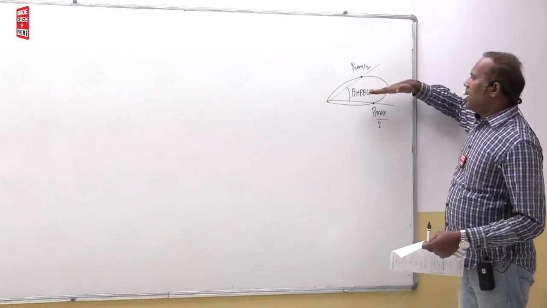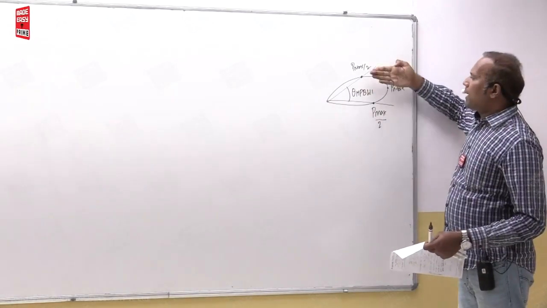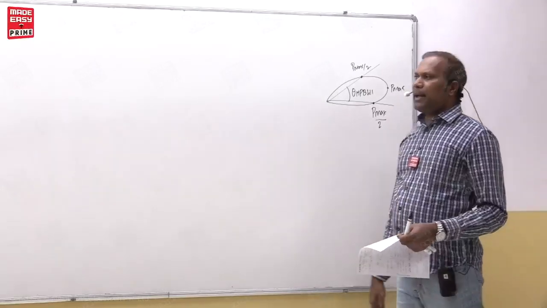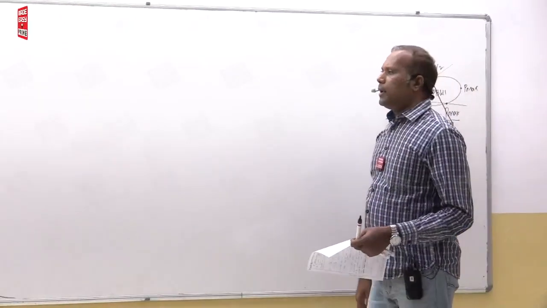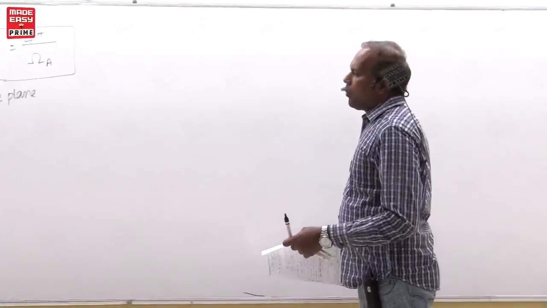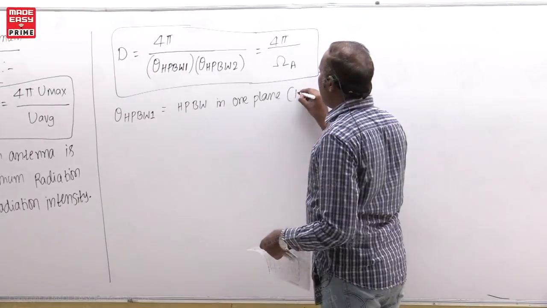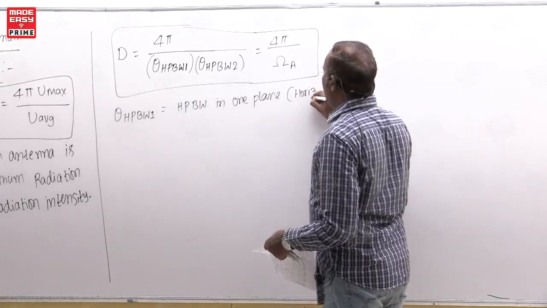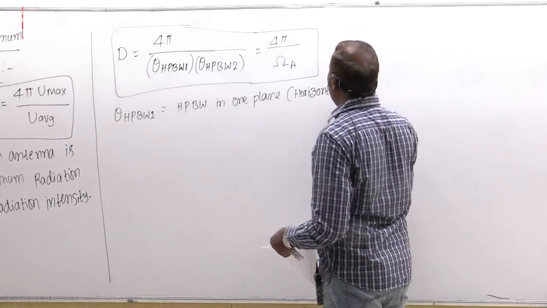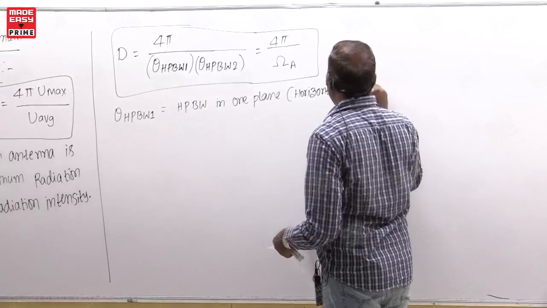So always a horizontal plane is there and a vertical plane is there. So in horizontal plane, what is the half power beam width? One plane means you can take half power beam width in one plane, for example the horizontal plane. Okay.